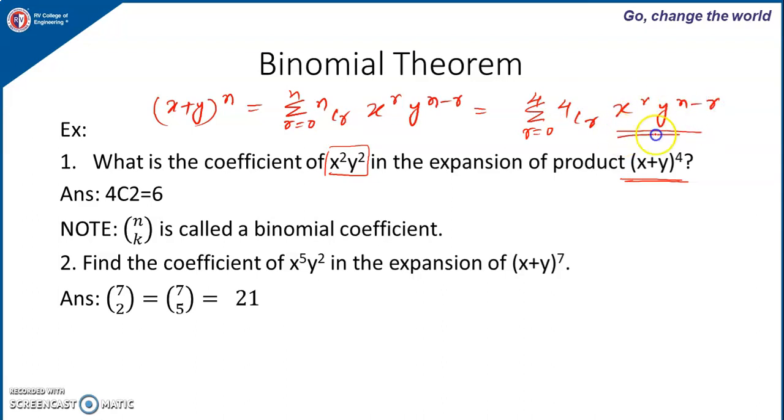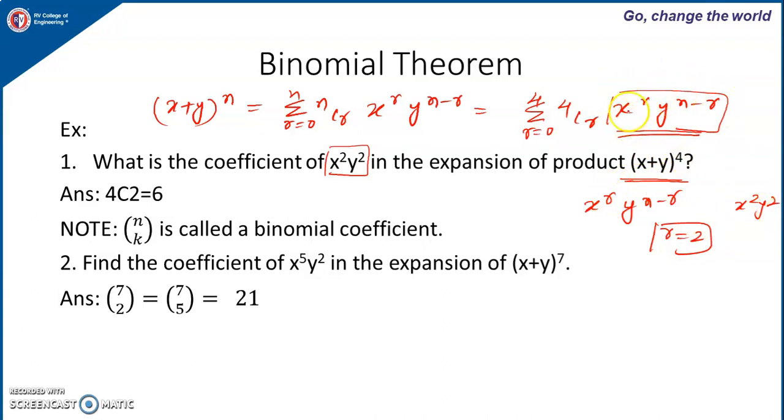Here it is very simple because I have x^2 y^2 and here we have x^r y^(n-r). So directly I can say the value of r is equal to 2, and then I have to find the coefficient of x^2 y^2.